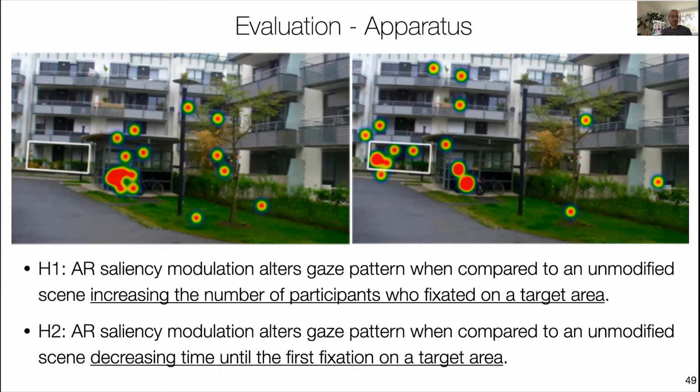So our hypothesis was that if we do the saliency modulation, significantly more participants are looking at the target area compared to an unmodified scene. And our second hypothesis is that we also decrease the time. So it's not just that they look there, but they're looking there quicker. That was our second hypothesis.